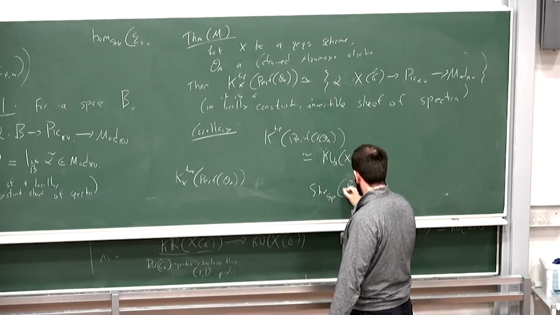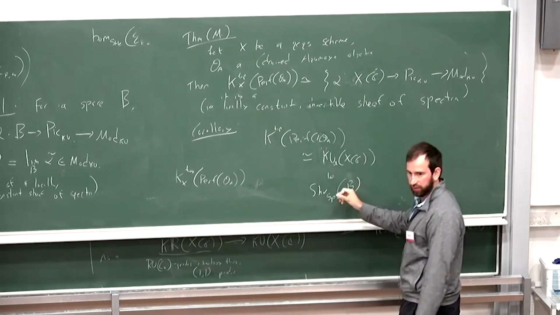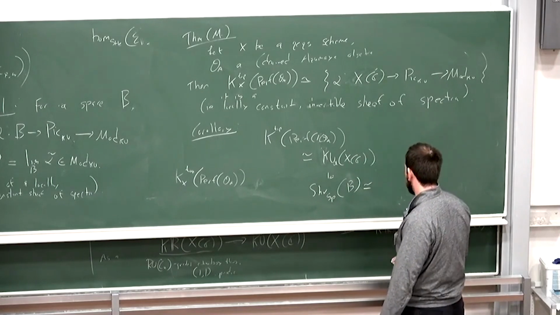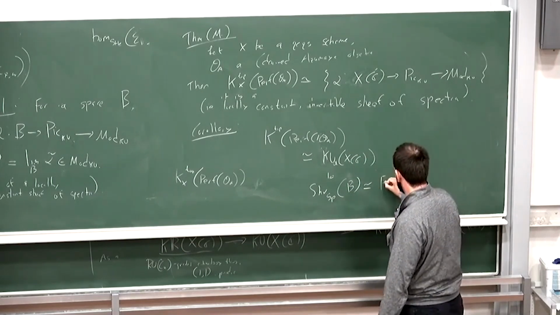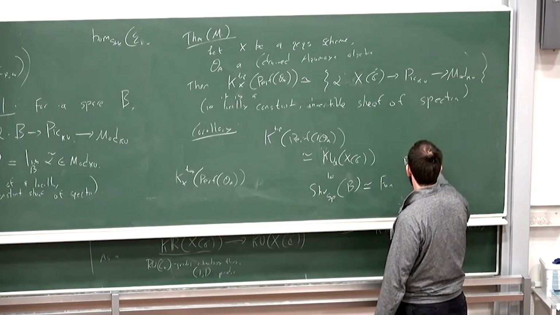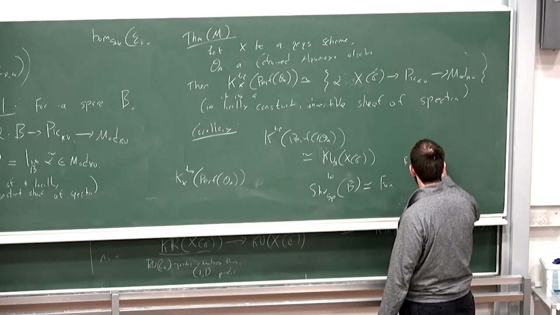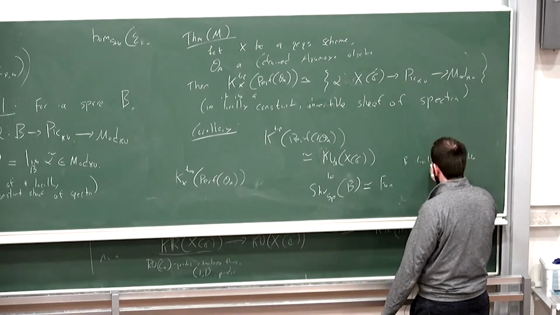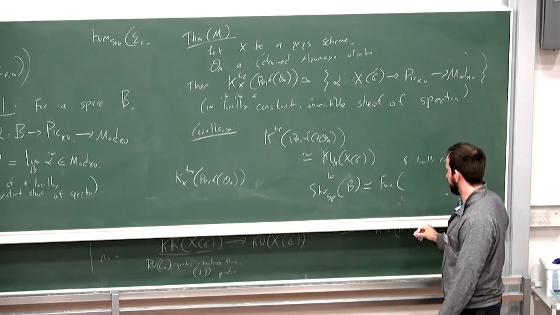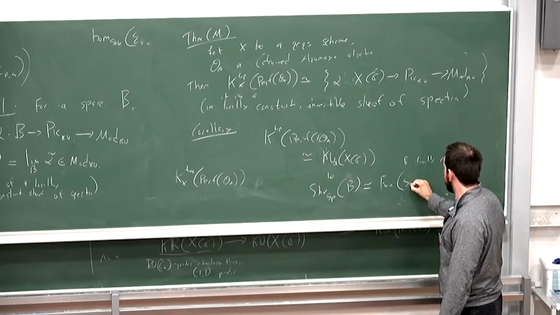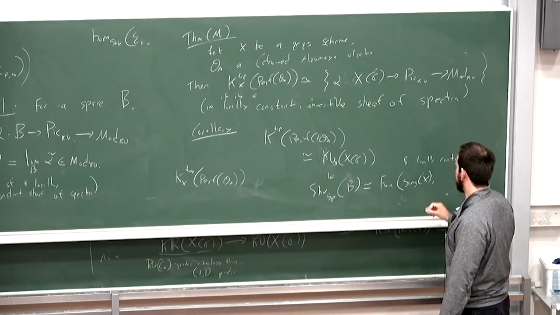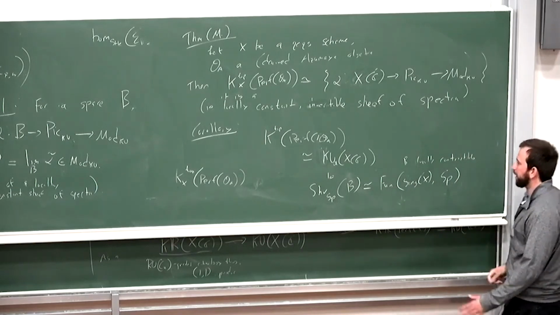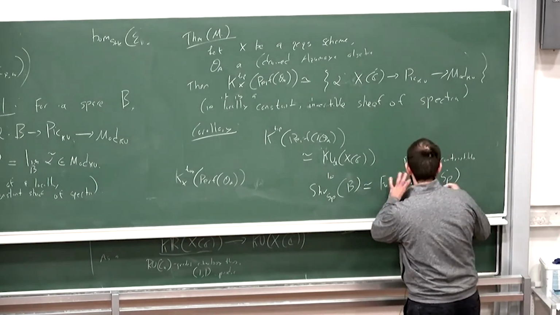So in particular, I can canonically identify it with an equivalence of categories between locally constant sheaves of spectra on a space B, let's assume B is locally contractible, I think it's even weaker than that, and functors from Sing B to spectra. This is compatible with symmetric monoidal structures too.